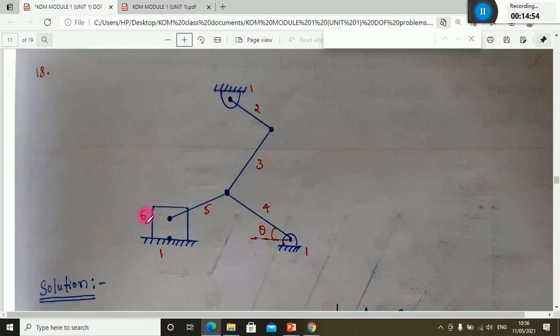This is a piston or the slider, and this is a fixed frame, this also a fixed frame, this also a fixed frame or the cylinder. After drawing this figure, I'll consider all the fixed links as one. This is the first link, this is also first. All fixed links are considered as only one link.